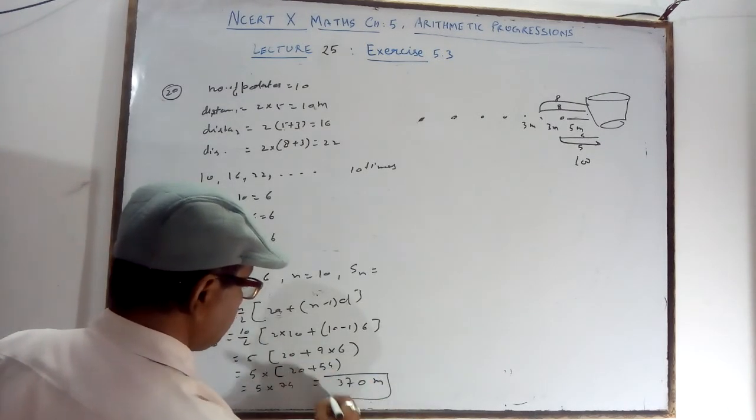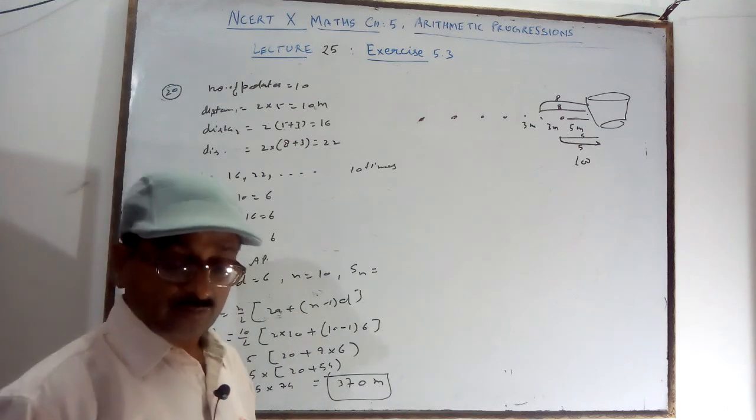So 370 meters is the total distance covered in this potato race.